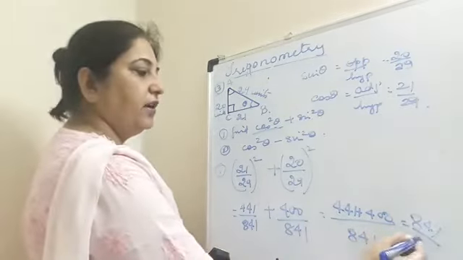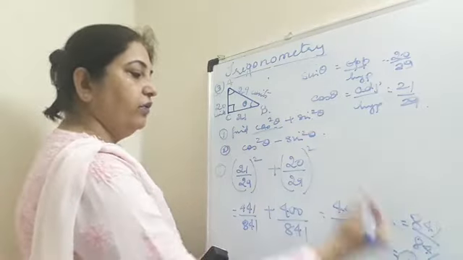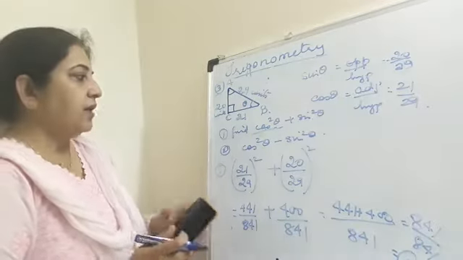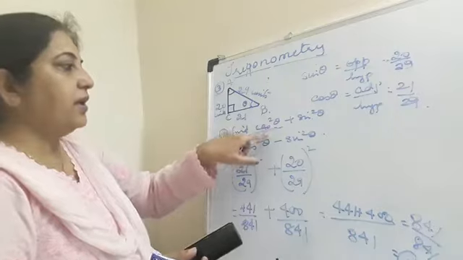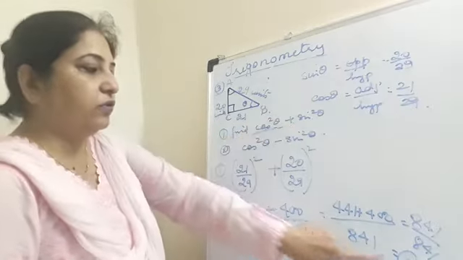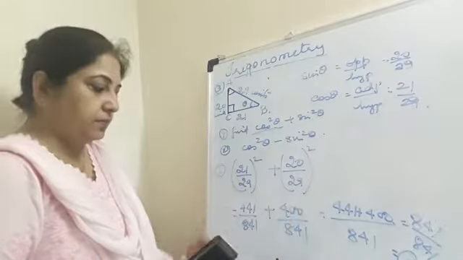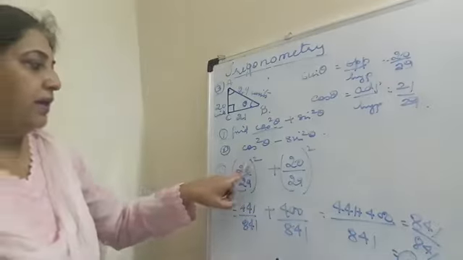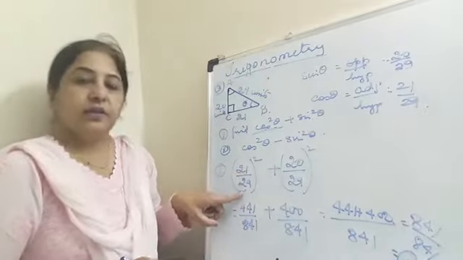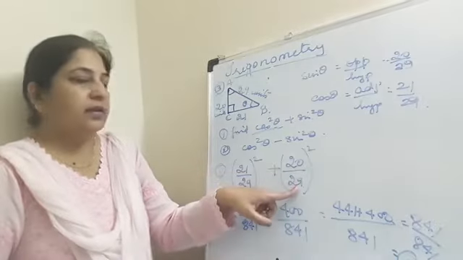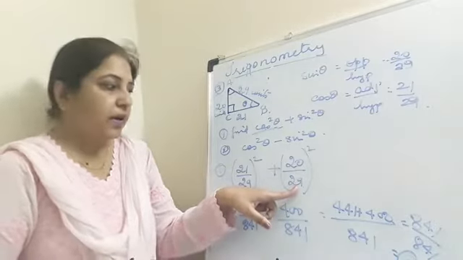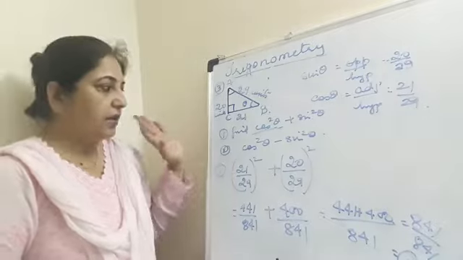And 841 upon 841 will give you 1. So the answer for the first one is cos square theta plus sin square theta is equal to 1. On solving, I have shown you the solution. You can check out. Once more, 21 upon 29 is the value of cos theta, and 20 upon 29 is the value of sin theta. So I hope this first part is clear to you.